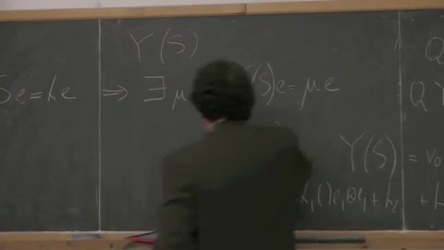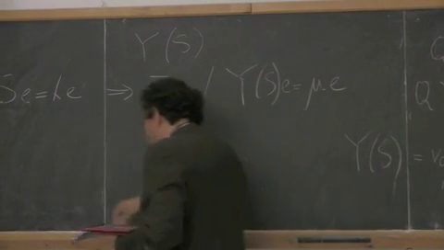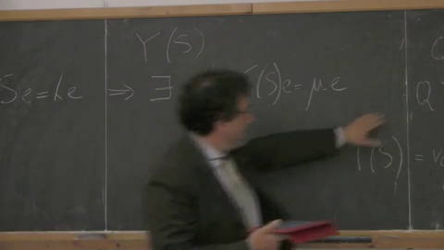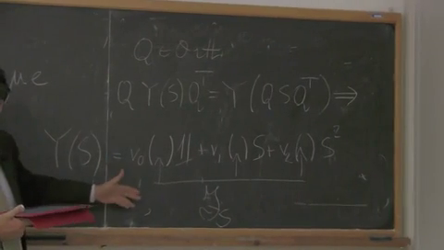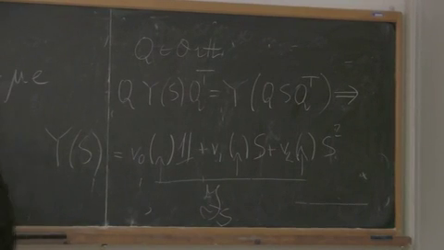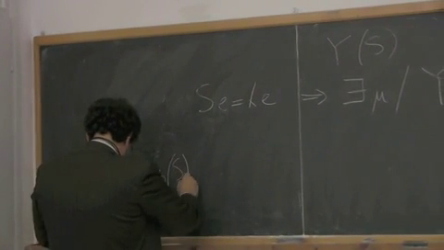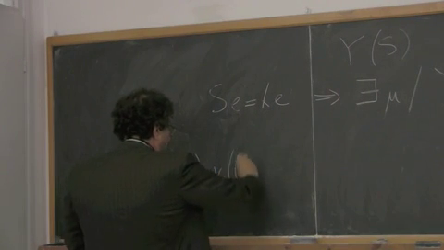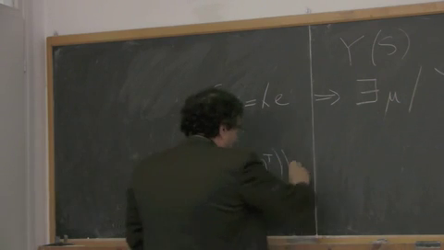Okay, now I ask you to skip some calculations, but they are trivial. I write this representation formula here. What do I get? It is easy. I get V0 of S minus V0 of QSQ transposed times the identity.